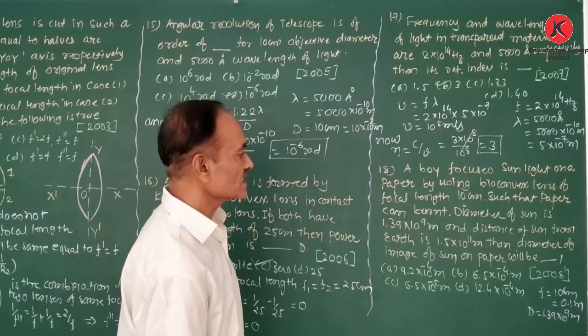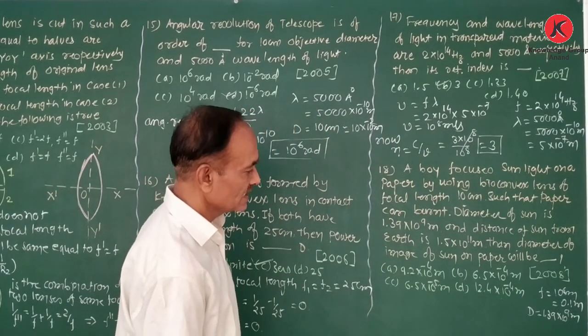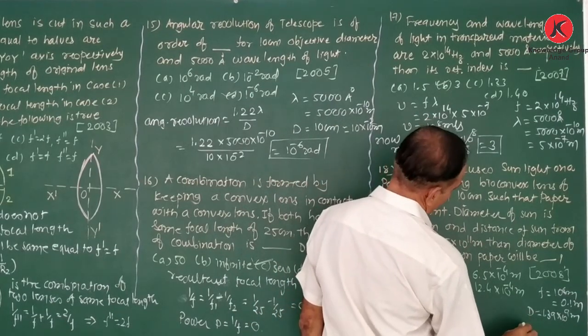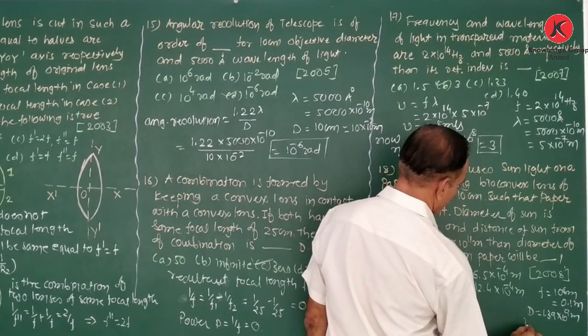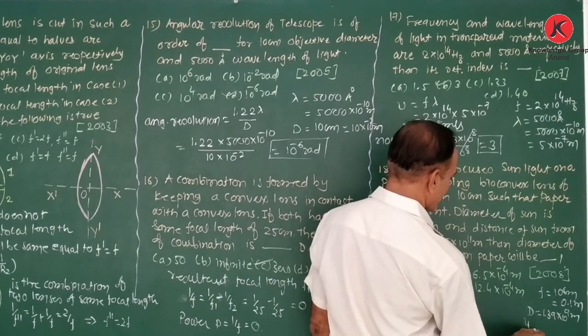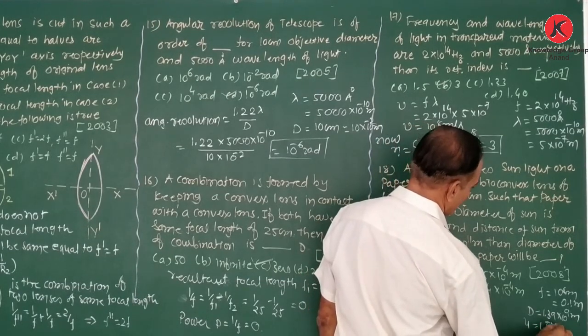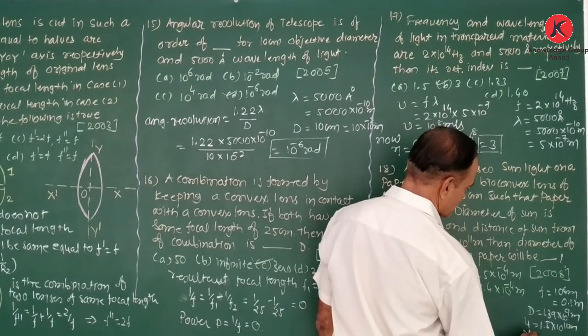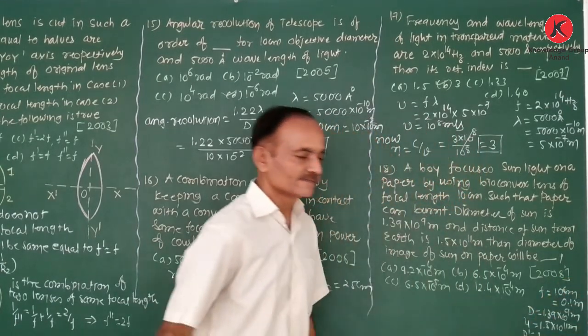And the distance of the sun from the earth, suppose we take it as U, is equal to 1.5 × 10^11 meter. Find the size of the image on the paper.